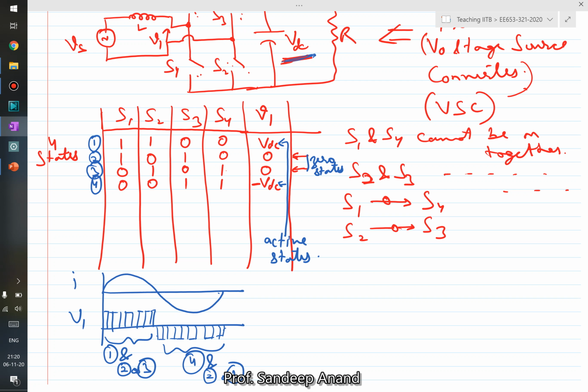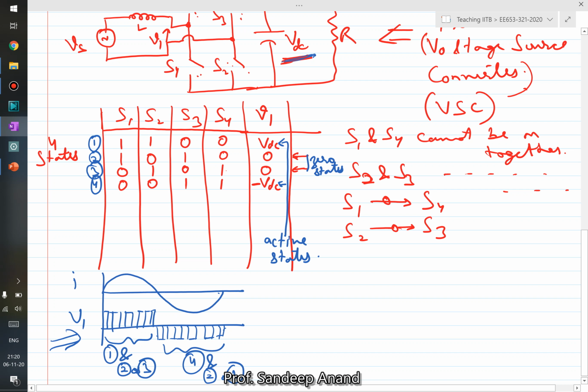So this circuit certainly works at least in the same way as our previous circuit, right? Because you can get a similar voltage waveform, but it does even better, because now this voltage waveform only depends on which switches are on and off.